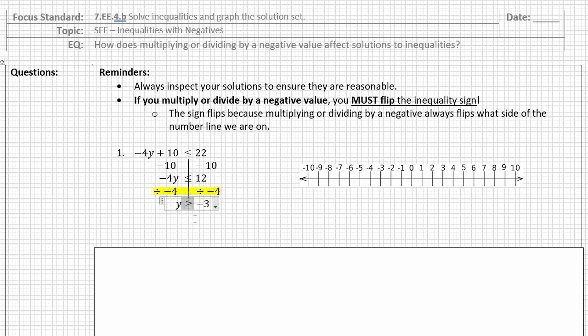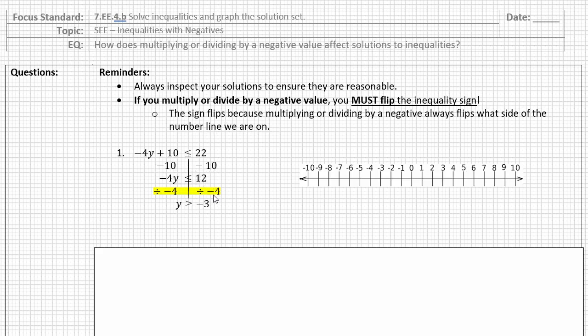Notice that I have also switched my inequality. I was using the less than or equal to symbol, and now it is the greater than or equal to symbol. And that is because I had to divide by a negative 4. If you look closely, this is what I was talking about. Negative 4 times y was a negative term. And the 12 on the right is a positive term.